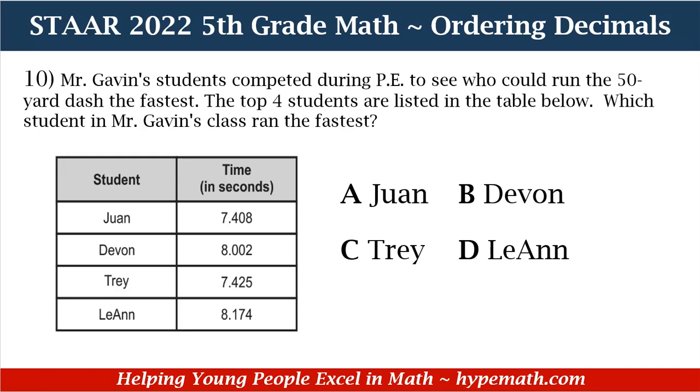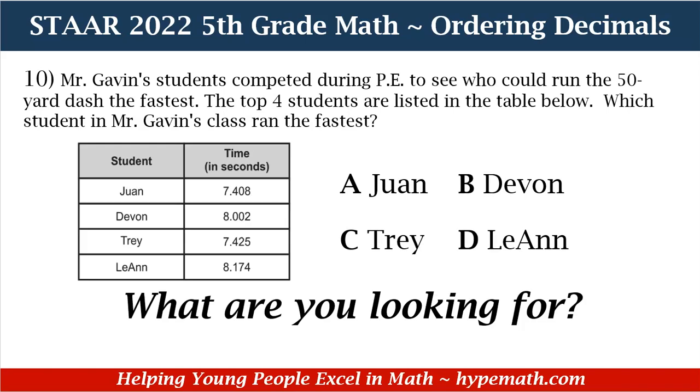So let's look at the table and look at each student's time. Juan's score, in seconds, is 7.408. Devon's score is 8.002. Trey's score is 7.425. And Leanne's score is 8.174.